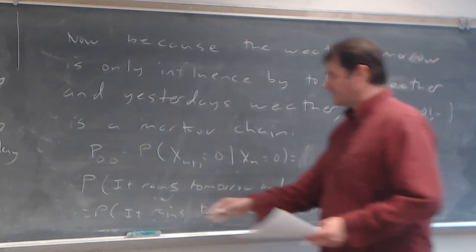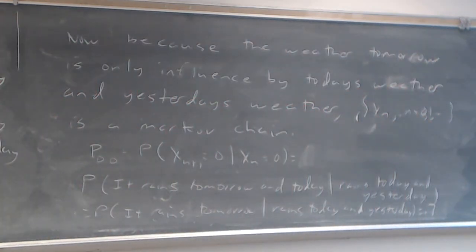Let me look at one other. We can go through all 16. This is going to be a 4x4 matrix. It's going to have 16 entries. But I'm going to do a few here. So the next one, P of 0, 1, is equal to the probability of x of n plus 1 equals 1, given that x of n equals 0.